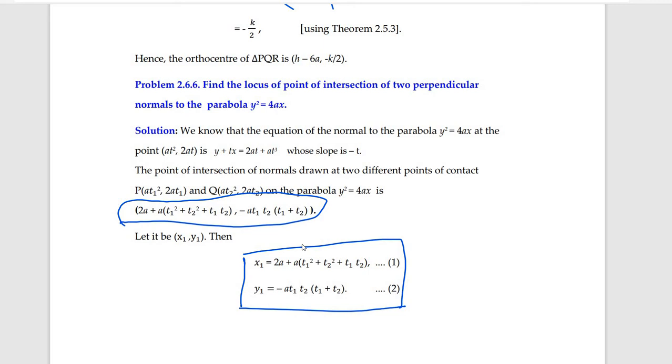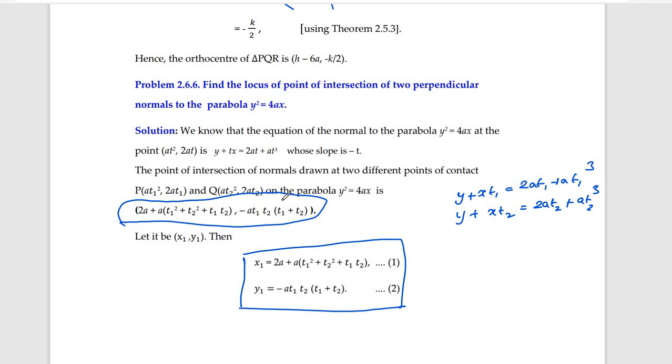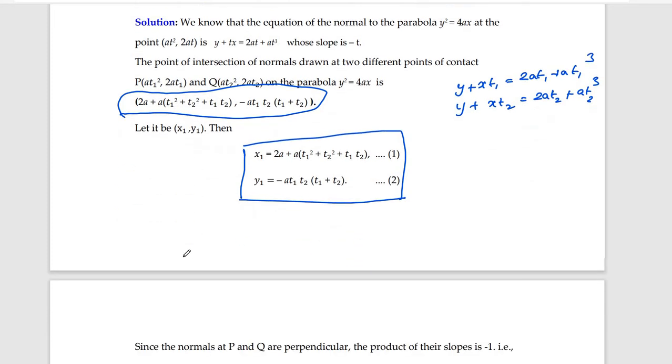The x coordinate is 2a plus a into t1 square plus t2 square plus t1 t2, and that is obtained by just solving y plus x t1 equals 2at1 plus at1 cube, and similarly y plus x t2. We'll have to solve these two to get the coordinates. So these are the x and y coordinates, and using this, some of the problems can be easily dealt with. That has to be remembered: the point of intersection of the normals.